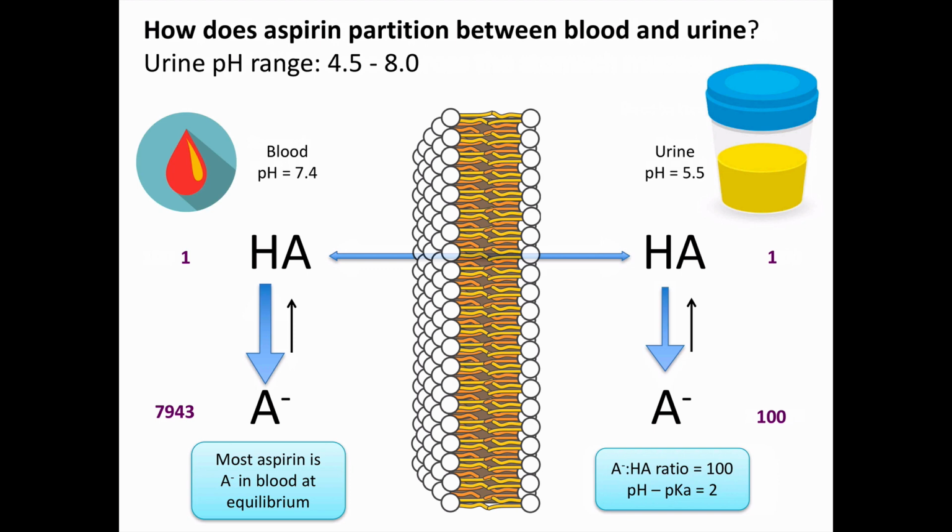On both sides, there is a preponderance of the deprotonated ionized form of aspirin. However, the ratio is more one-sided in the blood because that pH is further away from the drug's pKa. And that's why, at equilibrium, most of the aspirin exists as A minus in the blood, and therefore little aspirin will be excreted through the urine.